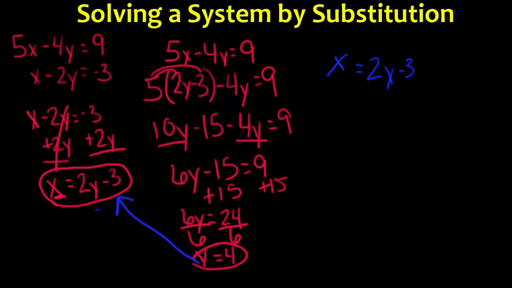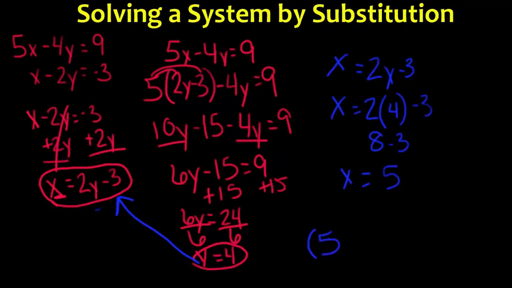Anywhere there is a y, we plug that in. So x is equal to 2 times y, and now we know that y is 4, minus 3. 4 times 2 is 8, minus 3. So we have x is equal to 5. So now we know the coordinates. x is equal to 5, y is equal to 4. So the solution set for this system is (5, 4).